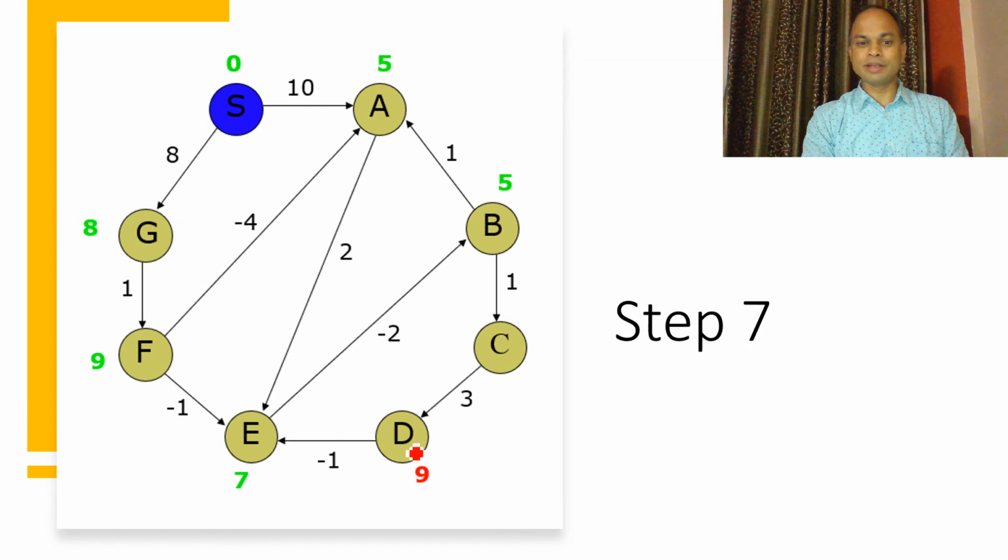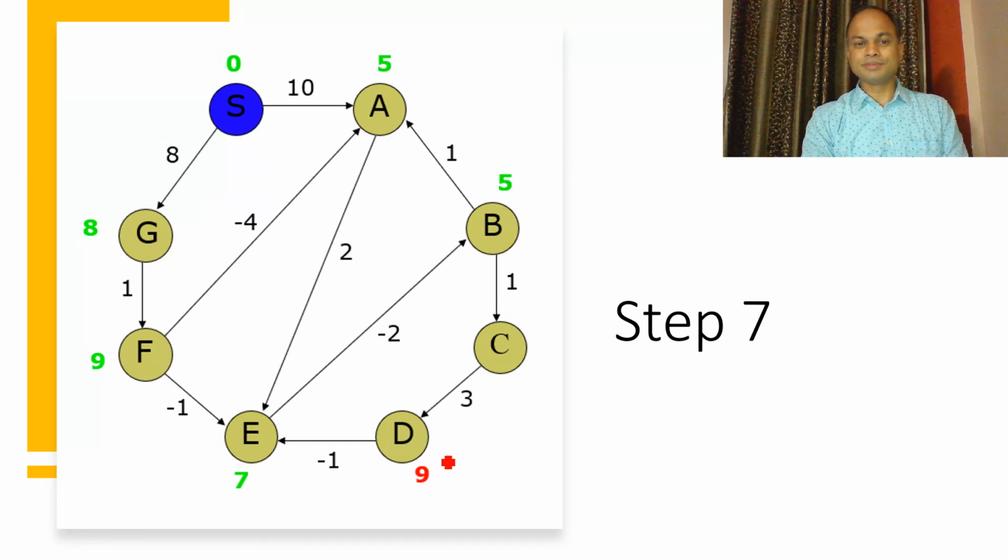In step 7 we have updated 9. In total we need 7 steps, as here we have 8 vertices. This is our final answer after implementing the Bellman-Ford algorithm.